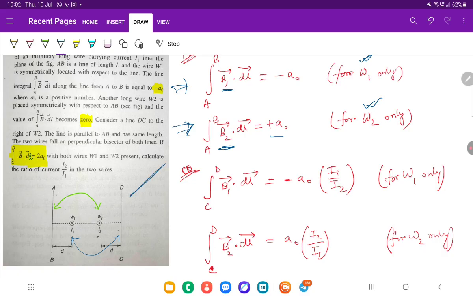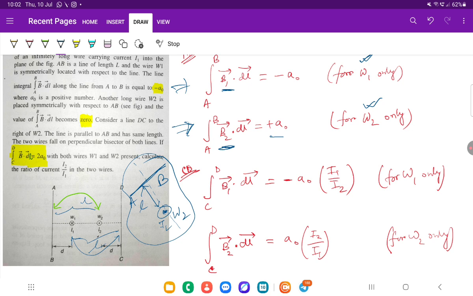Because if you place a line of the same length AB here, and an infinite wire carrying current I2 similar to W2, and you keep the directions the same, and obviously this is also on the perpendicular bisector line, and if this distance is L, this distance is also L, and this distance is L. So anywhere you put this setup, actually the line integral will be the same.